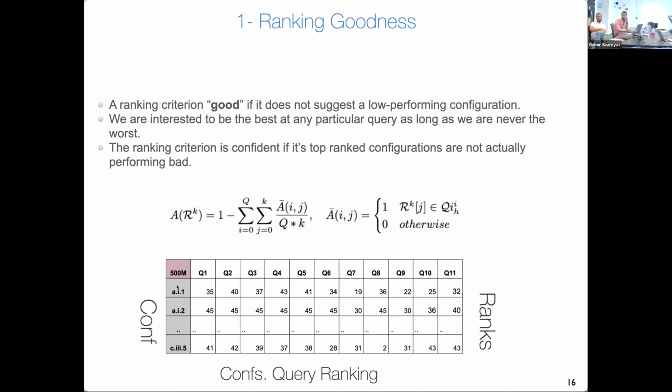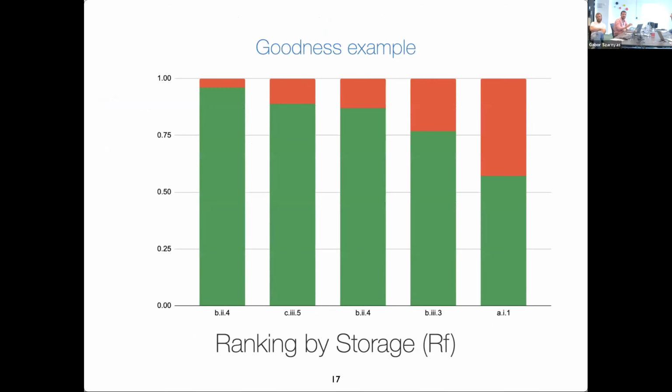For example, this configuration combination has a 35th rank for query 1, and so on for the other queries. So this is our ground truth. If we pick one of these ranking criteria, ranking by format, and take the top 5 configuration combinations, we have this level of goodness, or conformance, and the level of non-conformance shown here in red and green.